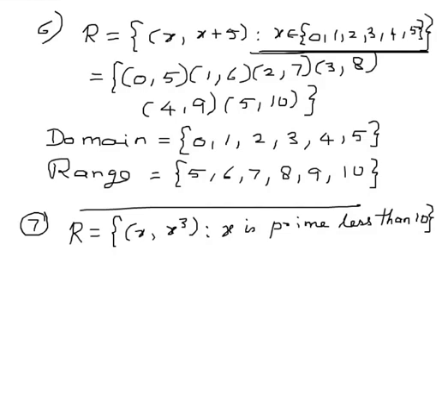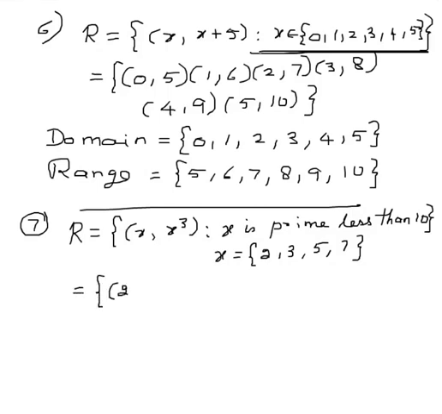So x is a prime number less than 10 means it should belong to 2, 3, 5, 7. 1 is neither prime nor composite, 2 is the only even prime number. These are the prime numbers which are less than 10. Let us now write it in the roster form.